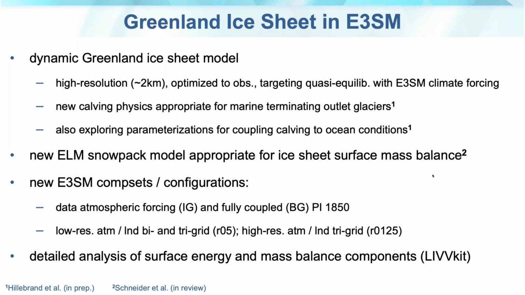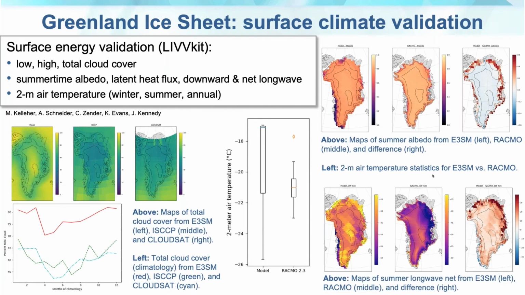And lastly, we have started to be able to use a lot of nice analysis of the surface energy and the surface mass balance components using LIVVkit. And I'll tick through just a few examples here.